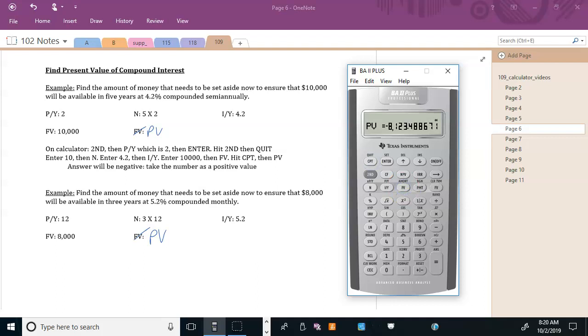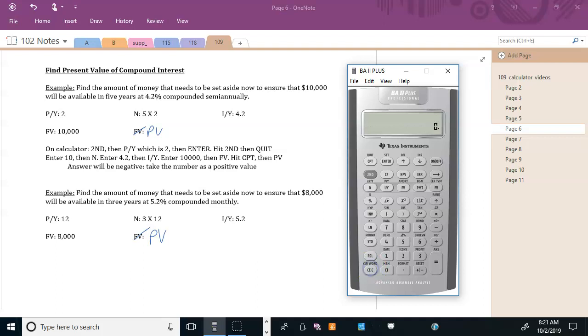This number should be smaller than the amount of money I need because I don't have the 10,000 yet. I want to get it in the future. You'll notice the calculator also gives it to me as a negative number. I'm going to ignore that negative sign. So my present value is $8,123.49, rounding that up.